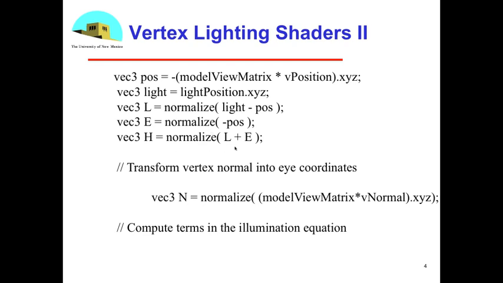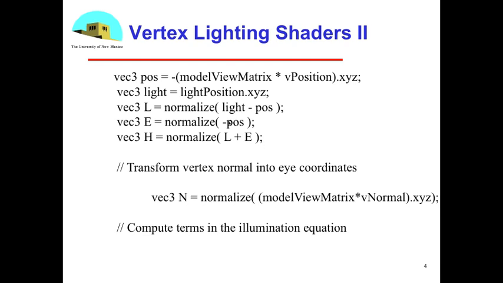And here's the computation of the halfway vector: I take the transformed light position and the transformed eye position, the transformed position of the vertex in that new space, add them together, and normalize them.